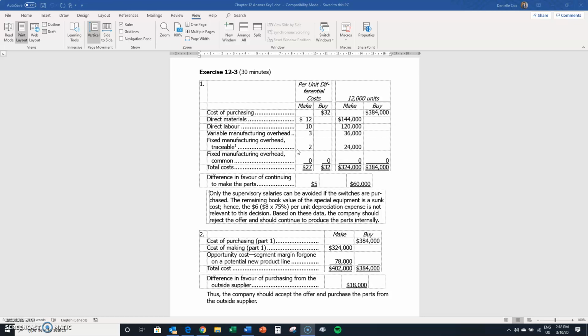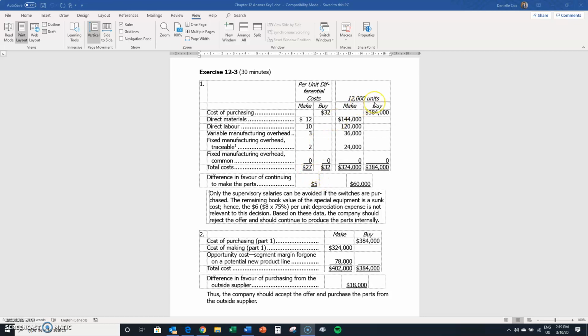So just the $2 we will take into account. And the common fixed manufacturing overhead that was allocated doesn't come into play. So if we make it, it's going to cost us $27. If we buy it, it's going to cost us $32. Therefore, it makes more sense for us to continue making the part.